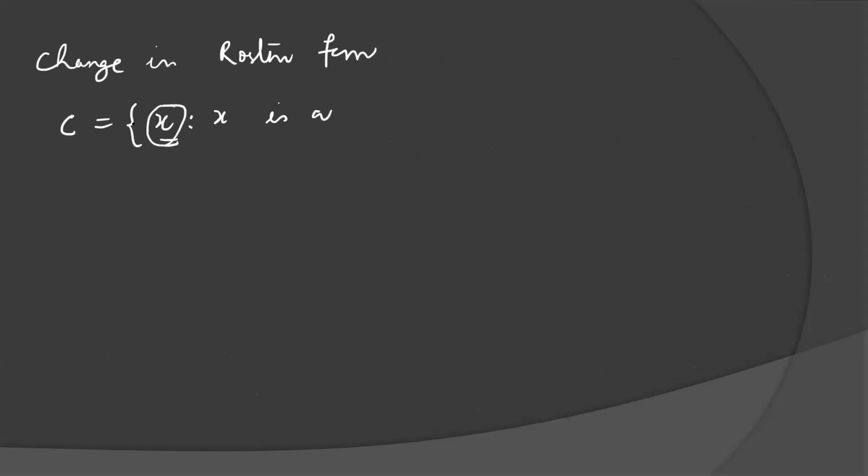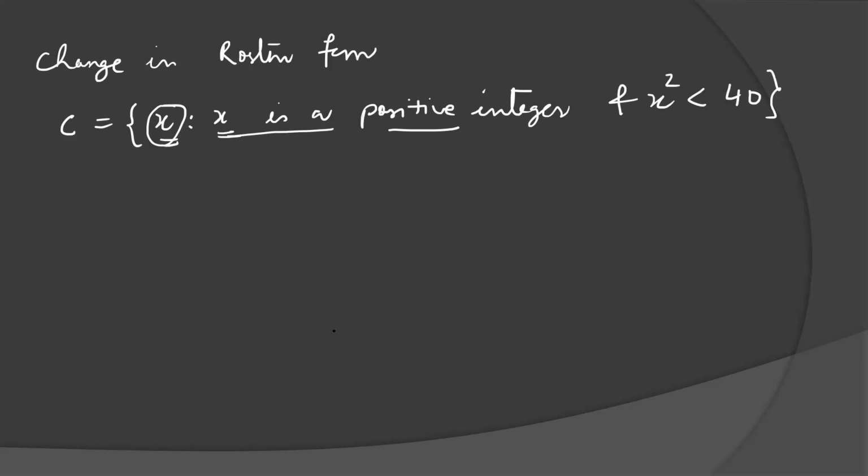Okay, I'm giving you one more example, for change into roster form. I have a set builder form. Set C is, suppose, x such that x is an element. This is the collection of elements. And what is the property of that family of elements? x is a positive integer and x square is less than 40.